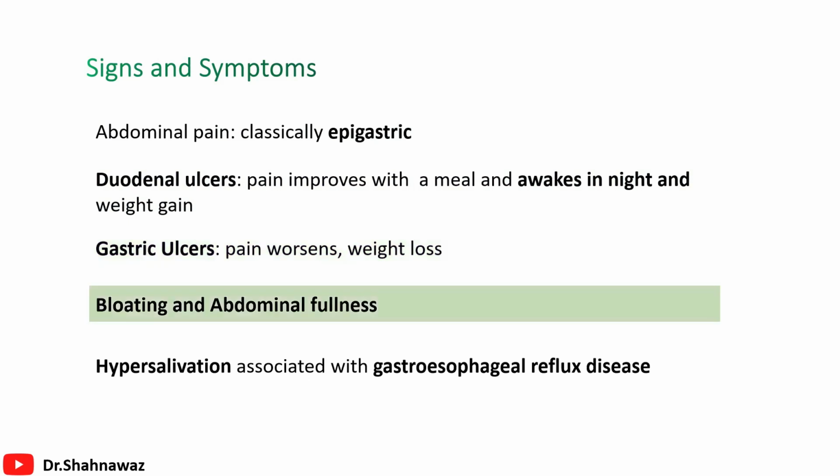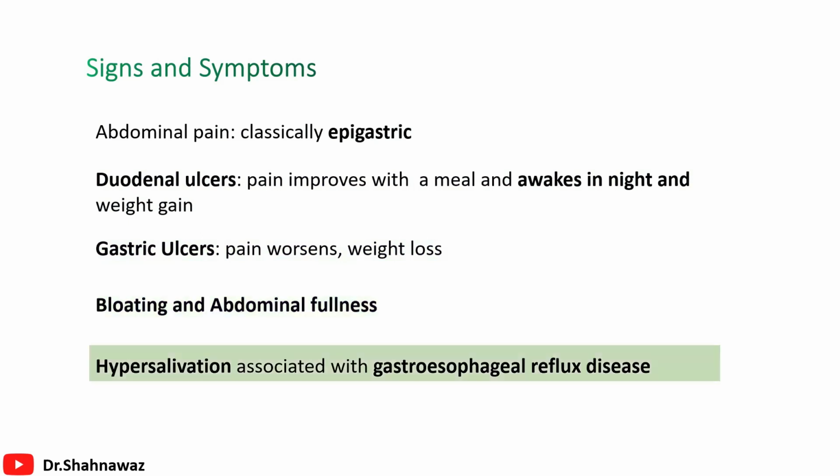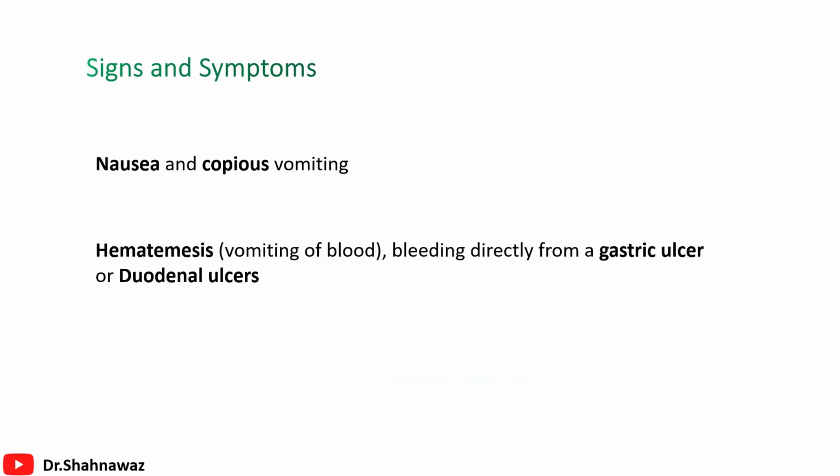Bloating and abdominal fullness may be a sign in PUD patients. Hypersalivation with gastroesophageal reflux disease could be present in PUD patients. The patient could present with nausea, as mucosal injuries could induce nausea, or copious vomiting.